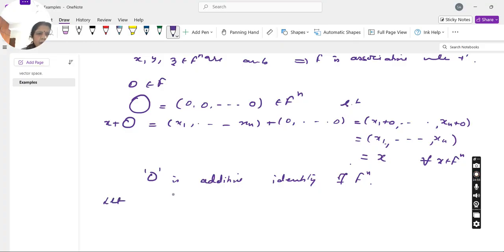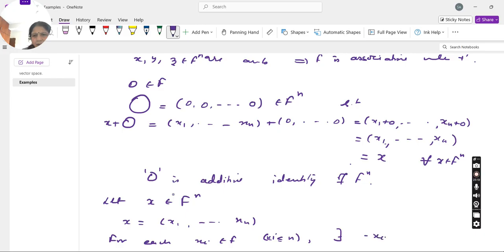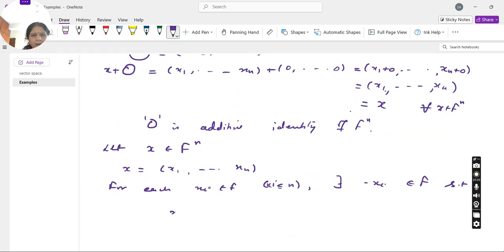Let x belong to n-tuple of F. That means x is (x1, x2, ..., xn). Now for each xi belonging to F, i lying between 1 to n, there exists minus xi in F such that xi plus minus xi is 0, which is minus xi plus xi, for all i.